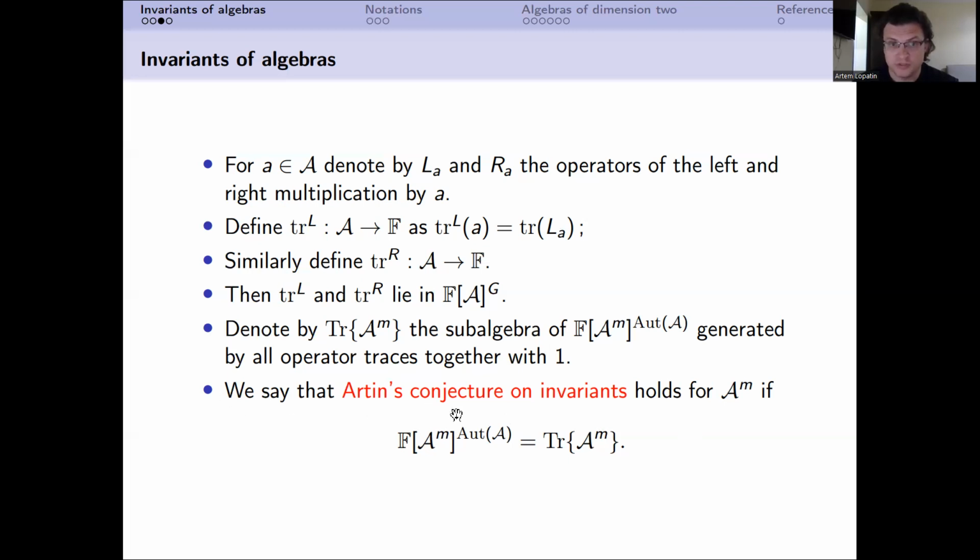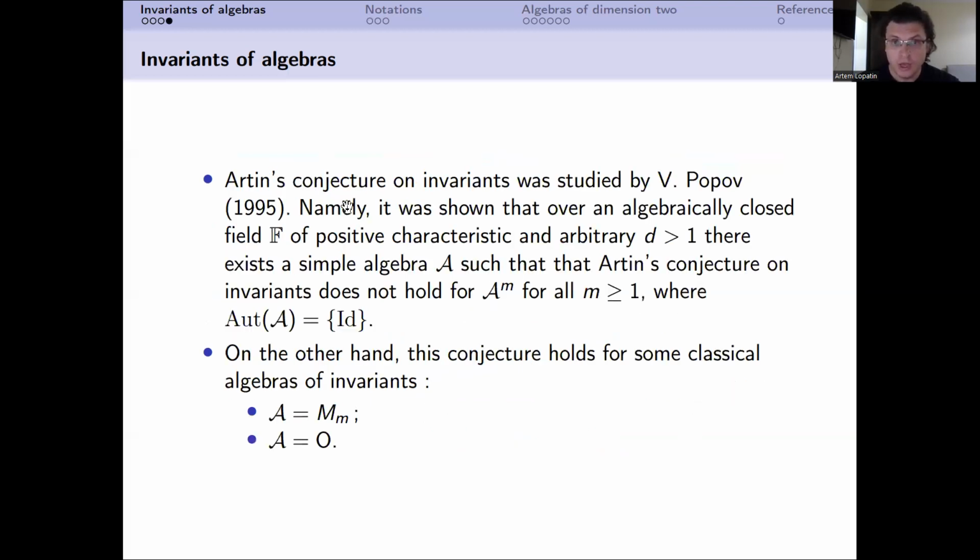From this phrase, it already follows, or at least I'm hinting, that it does not always hold. For some algebras, the Artin conjecture holds, for other algebras, it doesn't hold. And now I would like to talk a little bit about the history of consideration of this conjecture.